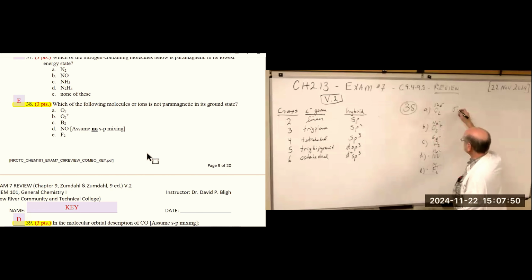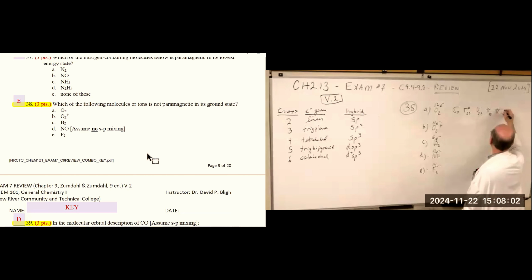Okay, so for the 2s, no mixing. So we do a sigma 2p, a pi 2p, and then a pi star 2p. I think that's enough. 12, 2, 4, 6, and 4 is 10, and then 2 more.